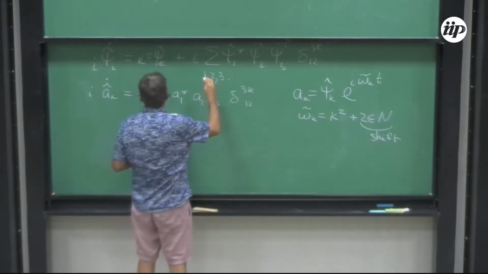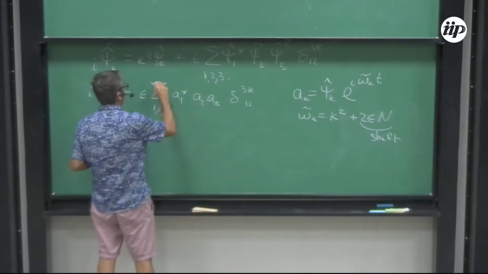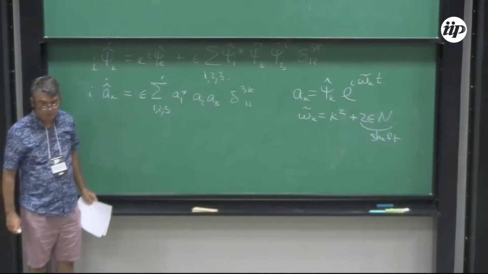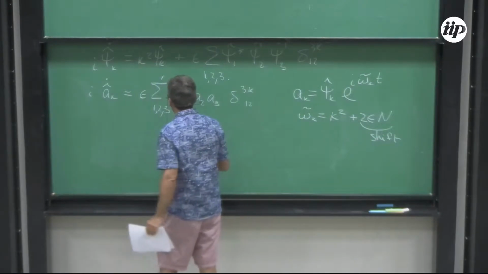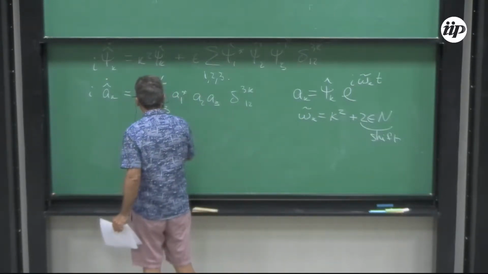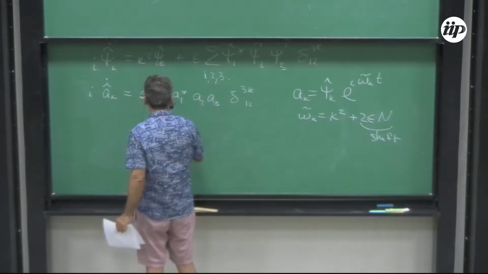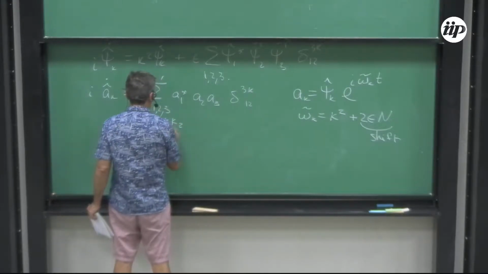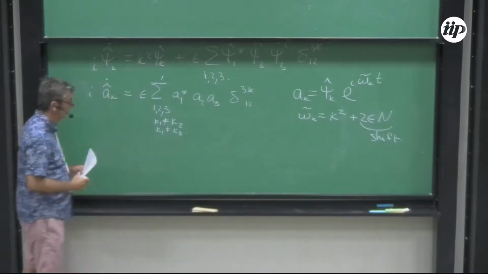Okay, and also the summation will be over the original variables, and I put a little prime here to denote that I've already removed the terms such that K1 is not going to be equal to K2, and also it's not going to be equal to K3, right?